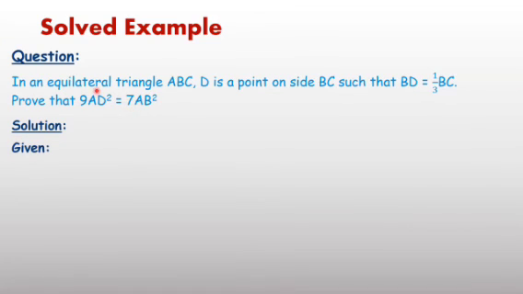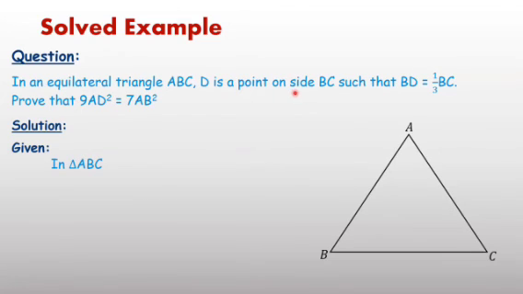Means the given part is equilateral triangle ABC. Second given part, D is a point on side BC, and third given part, the position of D is such that BD equals 1 upon 3 BC. BD is 1/3 of the whole side BC.